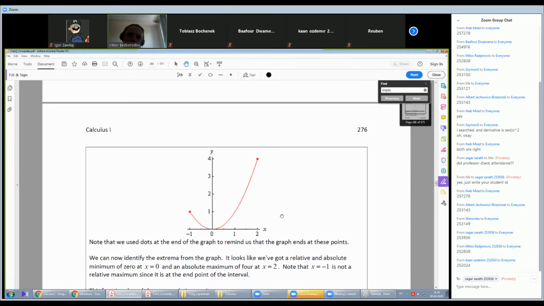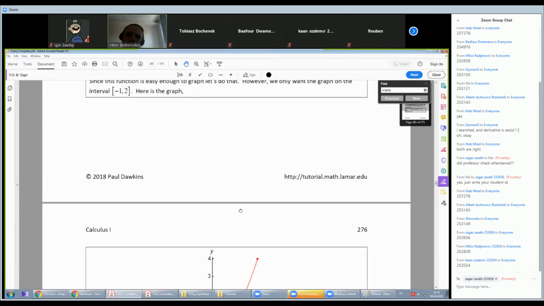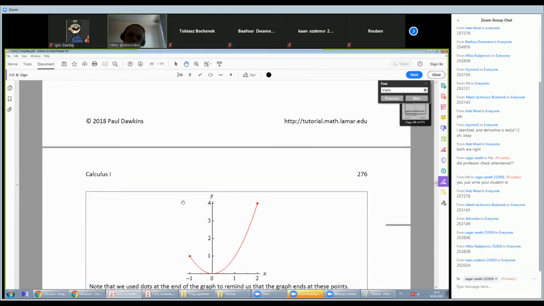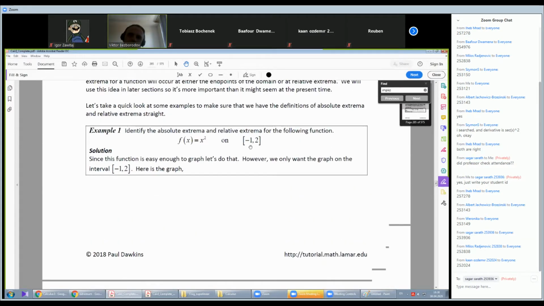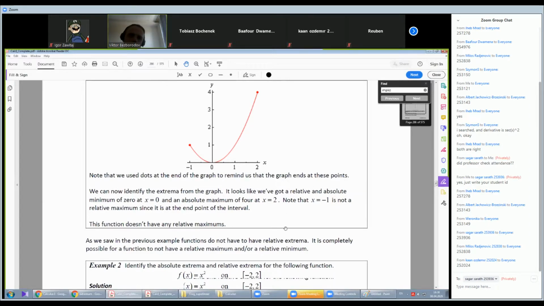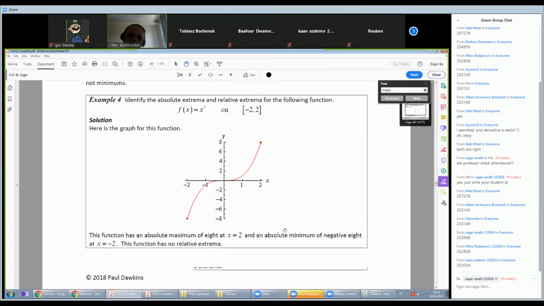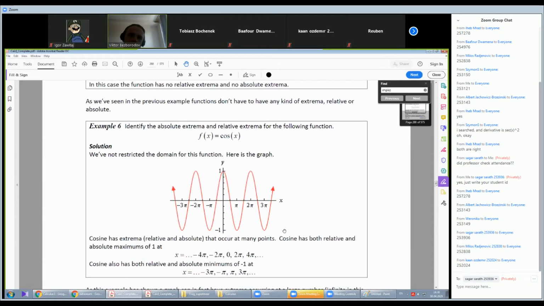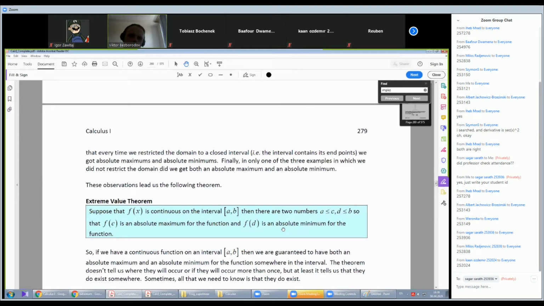Okay, so of course, one way to identify the extrema is just by plotting. And if you plot x squared on this interval, it's pretty obvious what the maximum and the minimum value are. But of course, typically to identify the extrema, we have to look at the critical points.